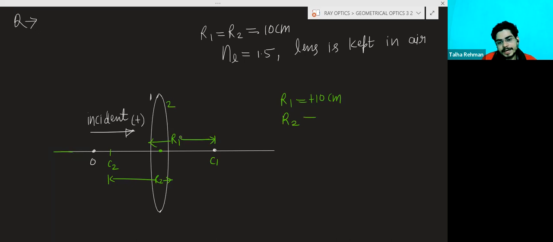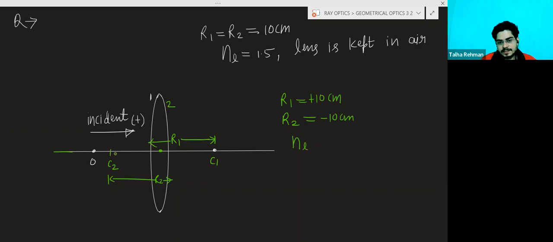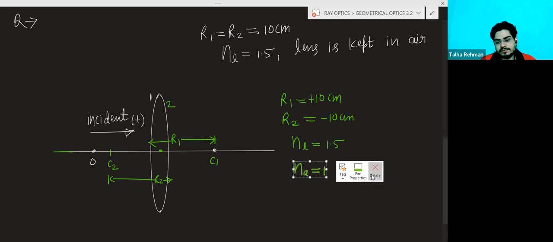But R2 you will take as minus 10 centimeter, because you will measure R2 in this direction. The refractive index of the lens is given as 1.5. The refractive index of the surrounding, air, is equal to 1.